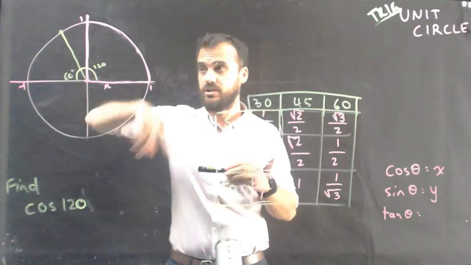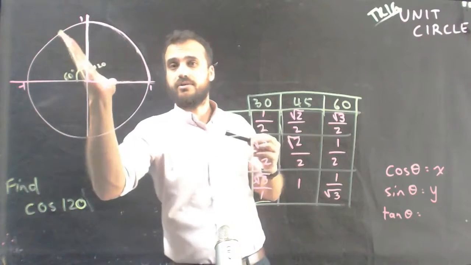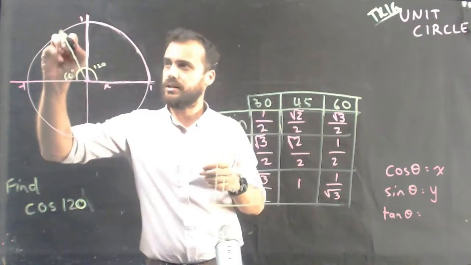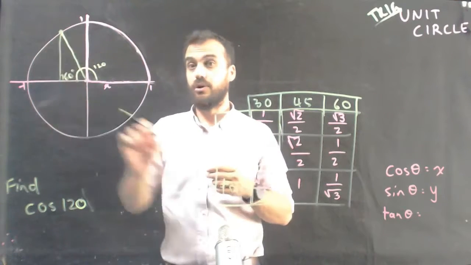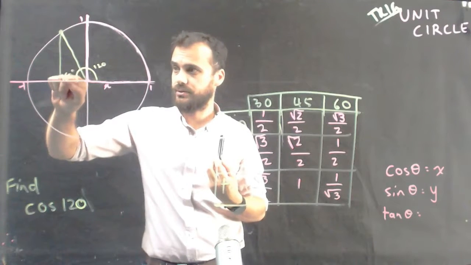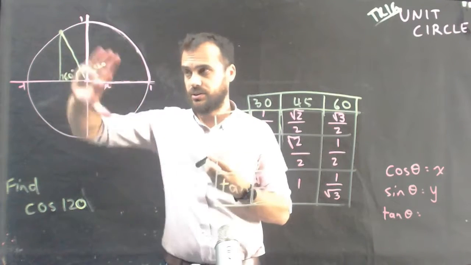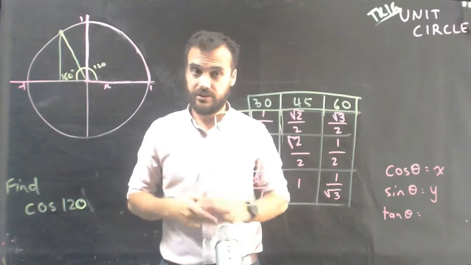Step one, if we want to find this on the unit circle, draw it in, starting from here and rotating around. It shouldn't be hard to see that I can go down here and draw myself a right angle triangle with a 60 degree angle in here. That's sort of our second step here. We've got a right angle triangle. That's excellent.